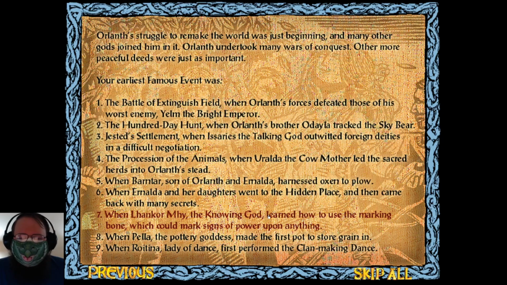Lankormai, the knowing god, learned how to use the marking bone, which could mark signs of power upon anything. Hela, the pottery goddess, made the first pot to store grain in. Rotina, lady of dance, first performed the clan-making dance.